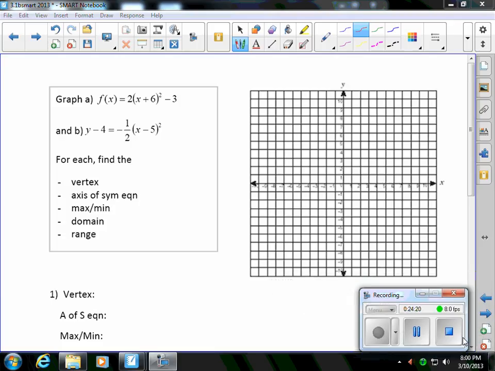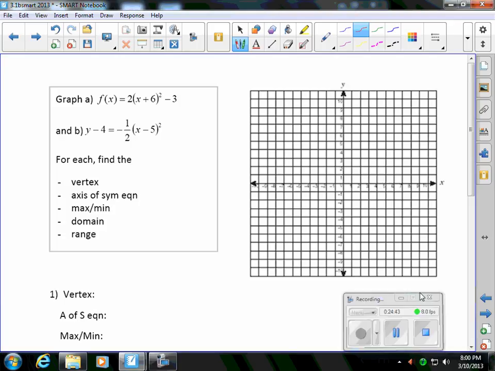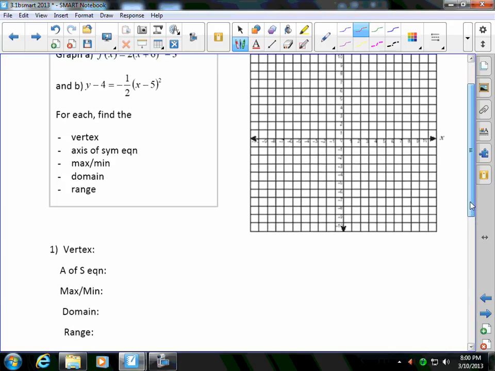By looking at this equation, we can find our vertex, our axis of symmetry, see if it's a maximum or minimum, and find the domain and range. That's just by looking at the equation. We don't even have to graph it to find those things out, but we will graph it once we find all those things.